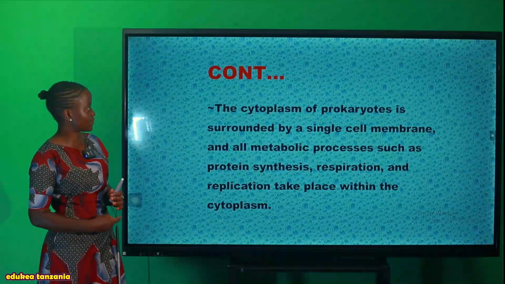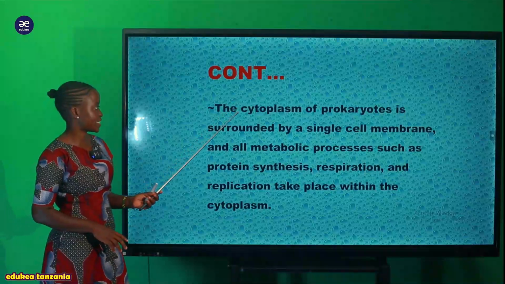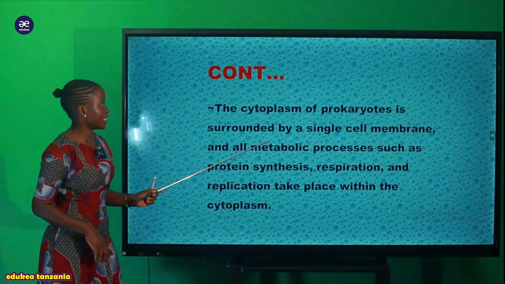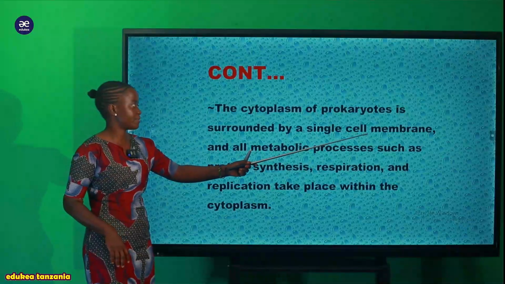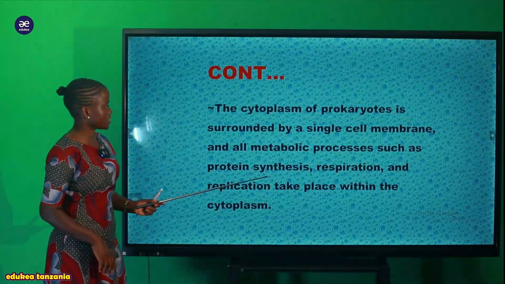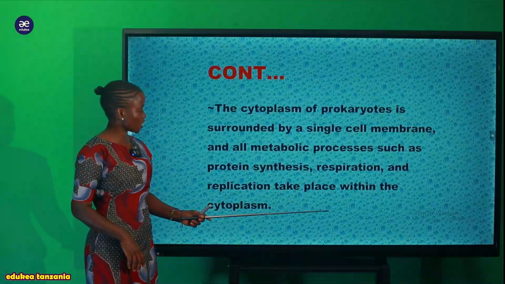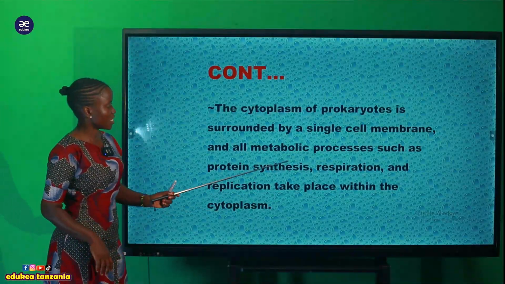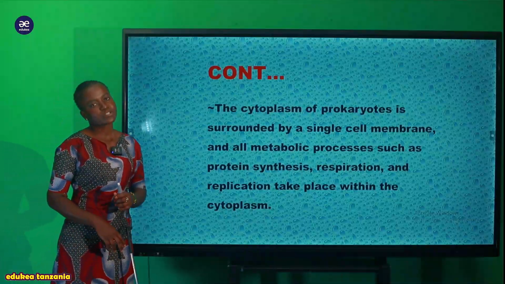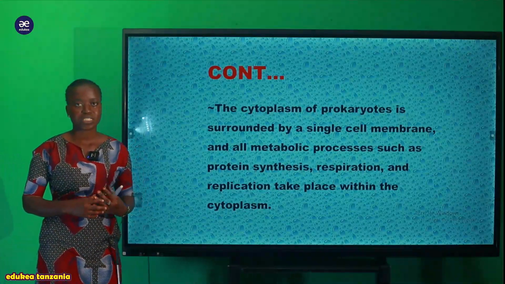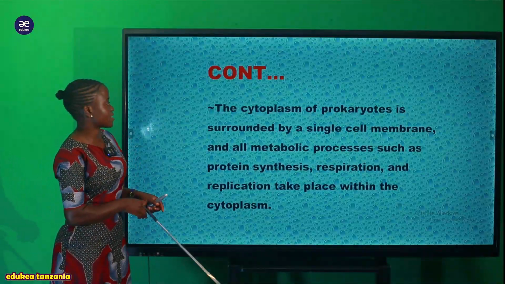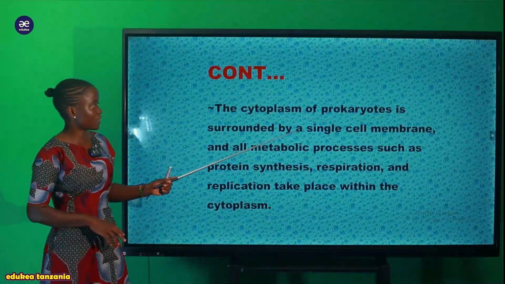And we can say that we have another structure which is called the cytoplasm. The cytoplasm of prokaryotes is surrounded by a single cell membrane, and all metabolic processes such as protein synthesis, respiration, and replication take place within the cytoplasm. So cytoplasm inakuwa na kazi kubwa sana within this prokaryotic cell. Here you can see this is cytoplasm.